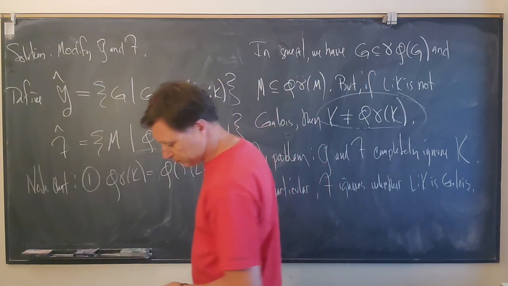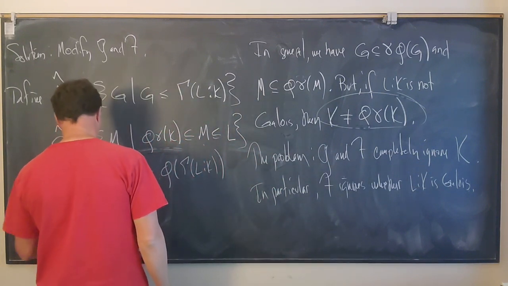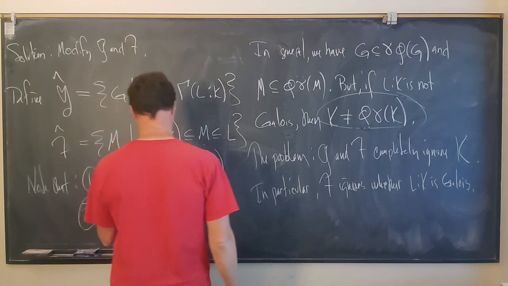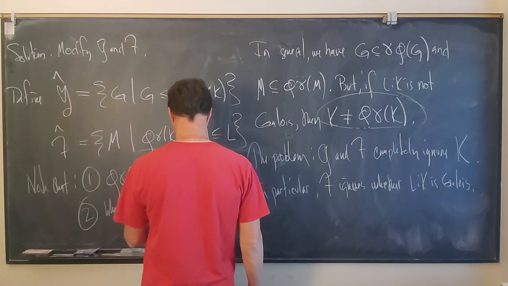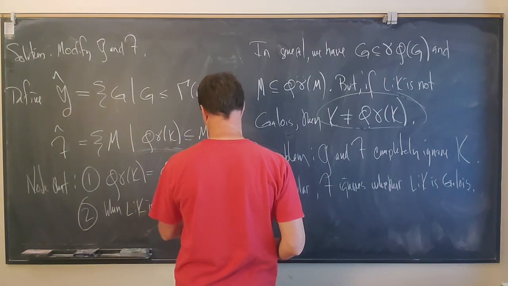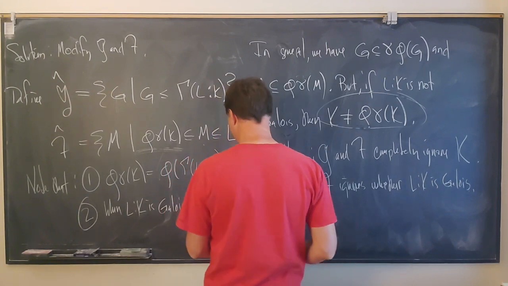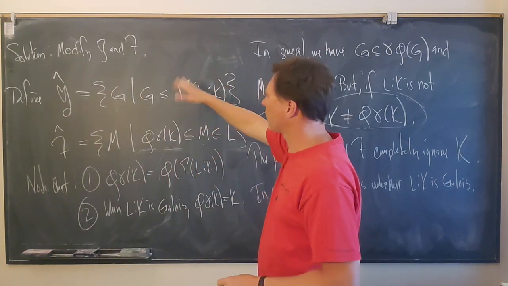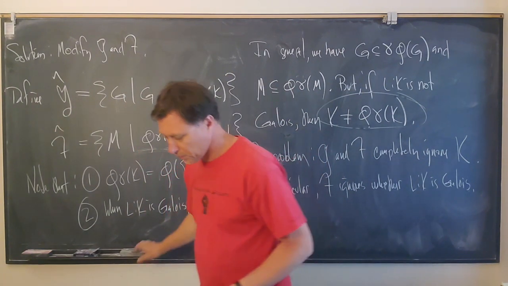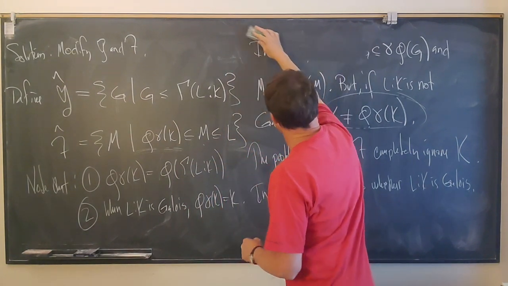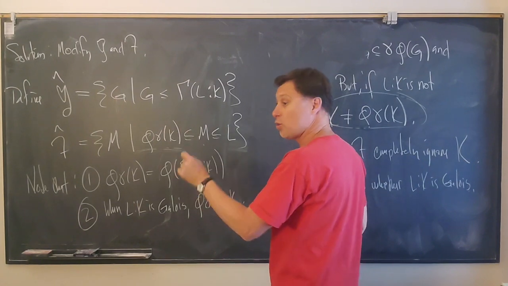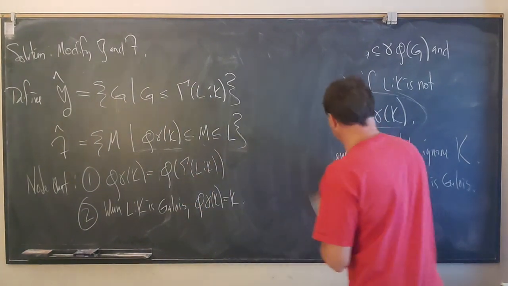And the second thing, when L over K is Galois, we'll be able to replace phi gamma of K with K. So it'll give us a cleaner statement. Okay, so now the question is, we've modified these sets. Is there still a nice connection between the two via phi and gamma?